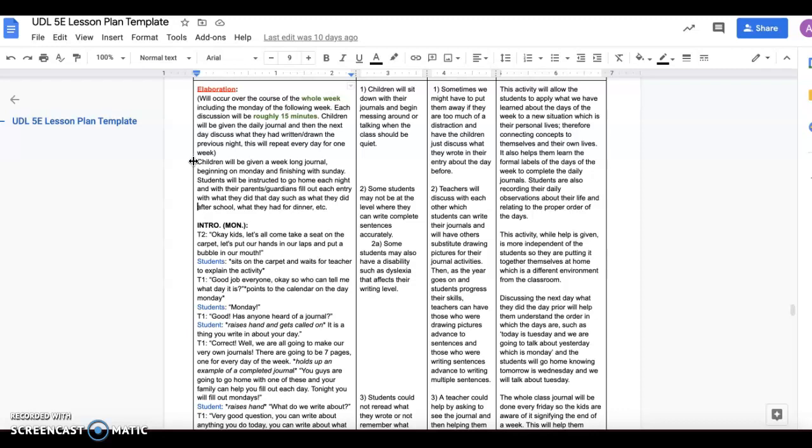I feel like correlating them to their own lives is going to help them to remember the concepts better and also get a better understanding of what they are.